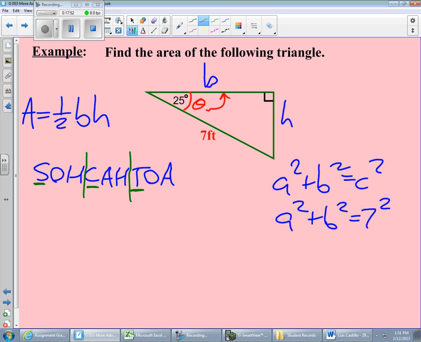What's the name of that particular side? This side length has a name. All 3 of these sides have a name when it comes down to SOHCAHTOA. How about this? What's this guy? That's the hypotenuse. What's this guy over here?